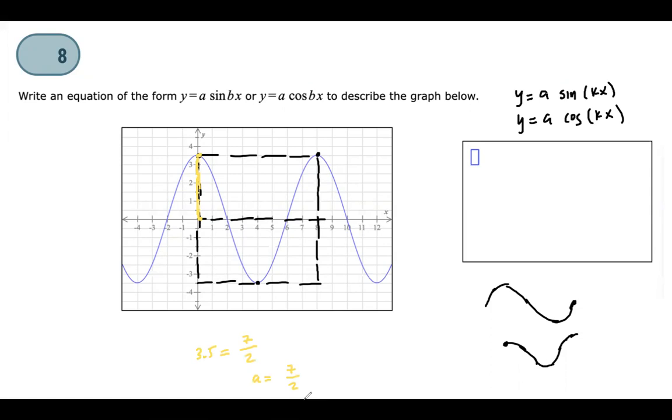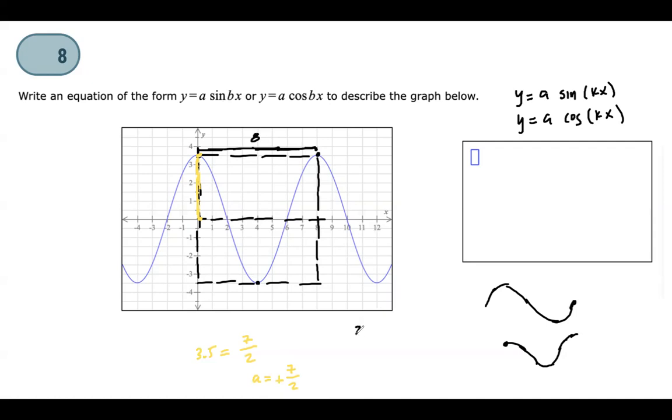So just be careful. Is the graph being reflected? Not really. So A is equal to plus 7/2. Now, how do we find the period and consequently the K value? Well, the period is very simple. It's from the initial point to the final point of one cycle, and that is 8 units long.